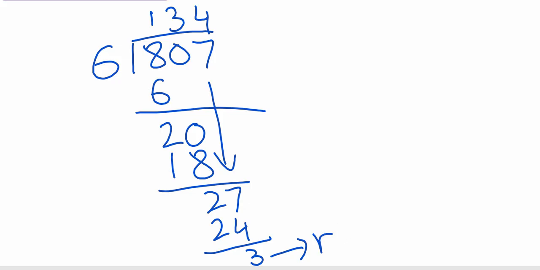Remainder always comes after subtraction and remainder is always less than its divisor. Like 3 is less than 6. Remainder can never be greater than the divisor. Remember this point.